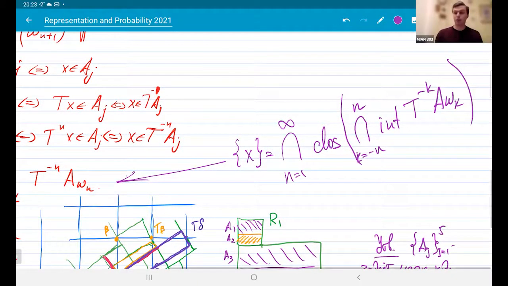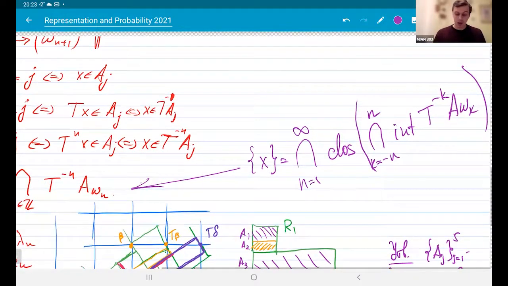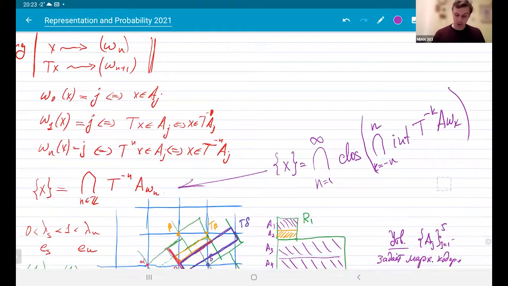Я пересекаю внутренности в конечном числе, потом замыкаю, а потом перехожу к пределу, точнее, к пересечению. И тогда получается все совсем правильно, потому что паразитные пересечения какими-то концами, участками границы, нам ничего не портят. Вот такая конструкция. В следующий раз мы ее, я надеюсь, закончим.